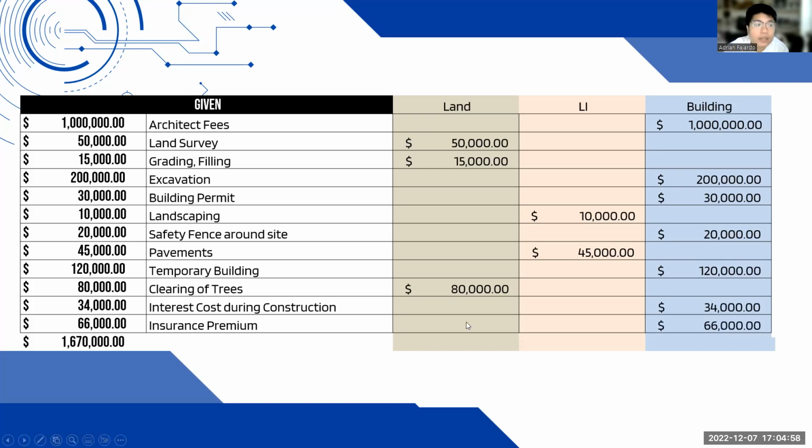If you add all three together, you'll have land at 145,000, land improvement at 55,000, and 1.47 million for building. To double check, you add all of this and it should equal 1.67 million.